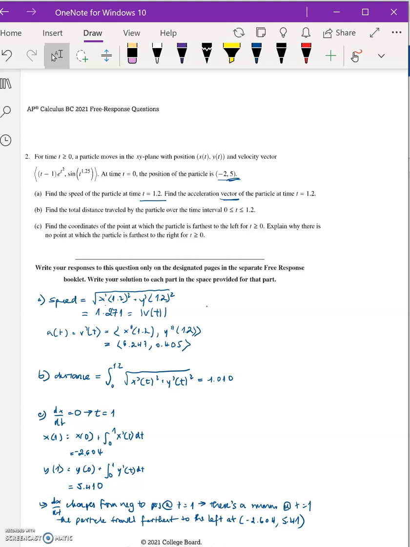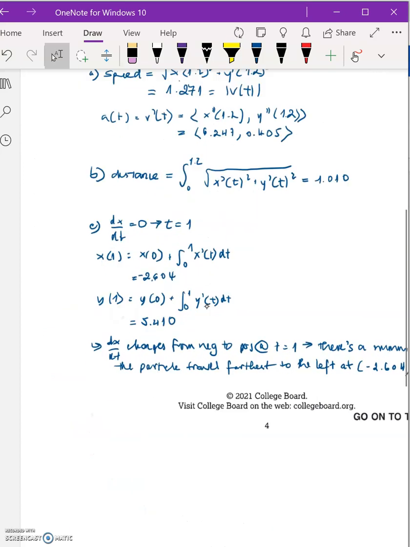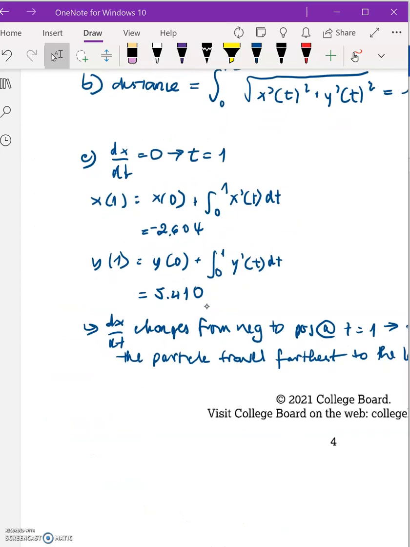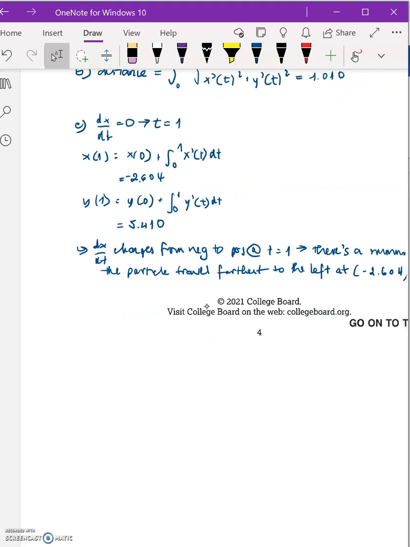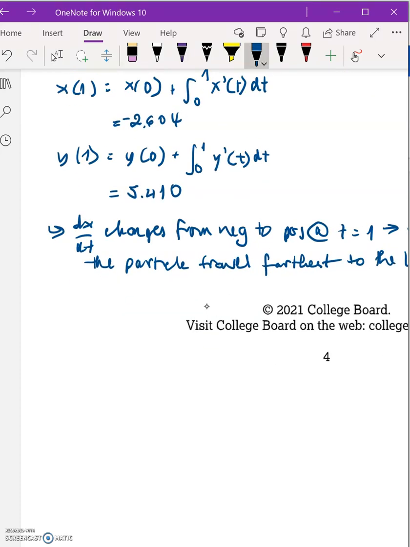Okay, and they're also asking, explain why there is no point in which the particle is traveling farthest to the right. And there can only be one reason, which is because the particle is moving to the right. So that means it's just constantly going to the right. So there's no farthest right point. So we have to put this into words.